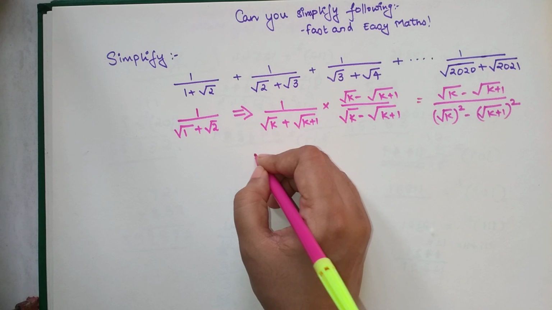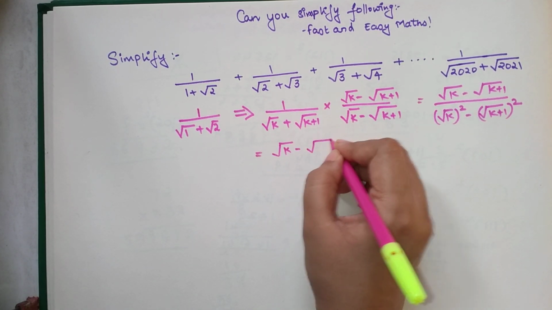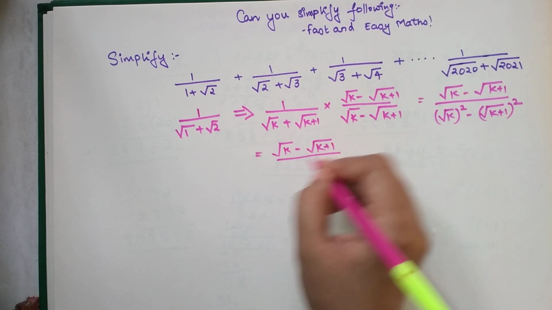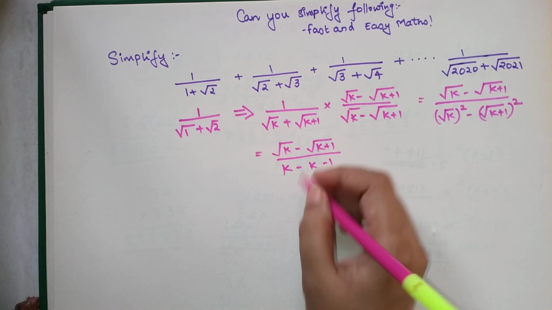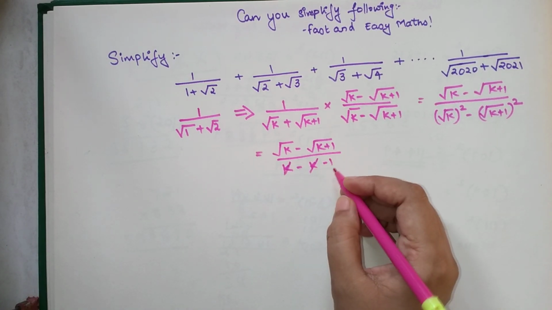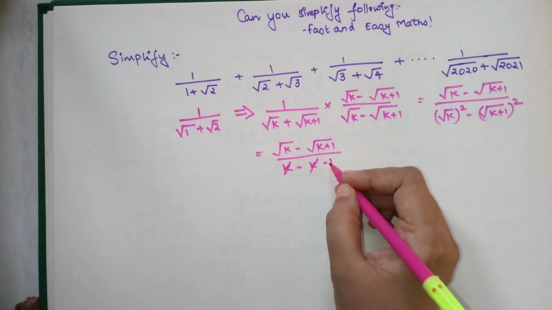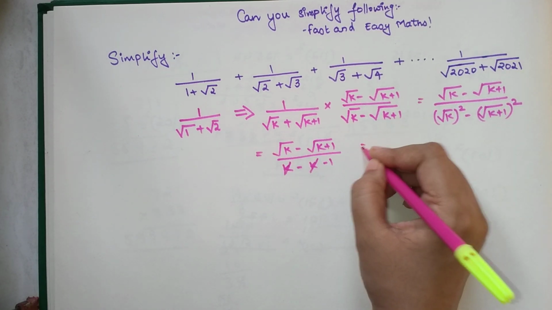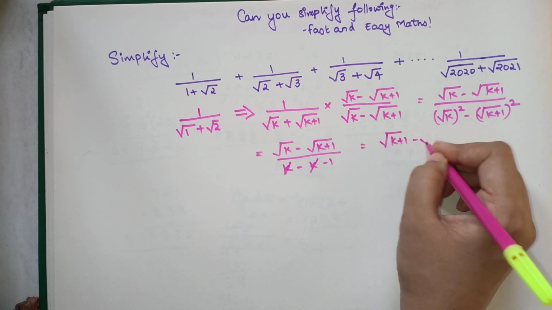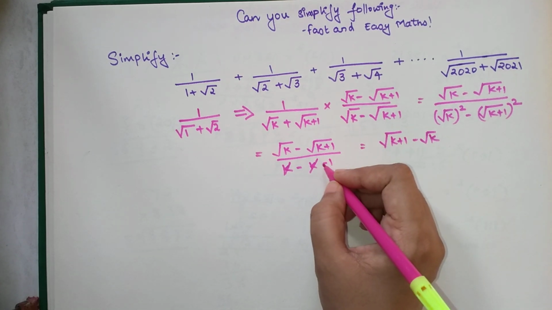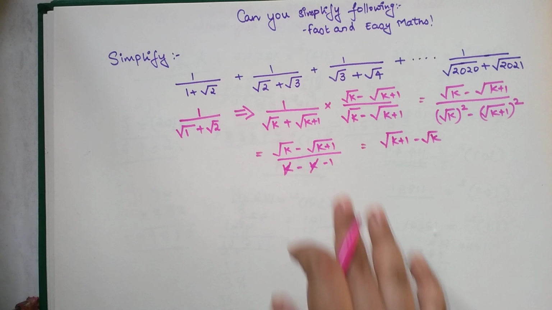So now I can further write this as root of k minus root of k plus 1 upon k minus k minus 1. So this k and this k will get cancelled, and the denominator has a negative 1. So I can shift this negative sign on top and write this as root of k plus 1 minus root of k. Why? Because when the negative sign is shifted on top, the entire numerator changes its sign.